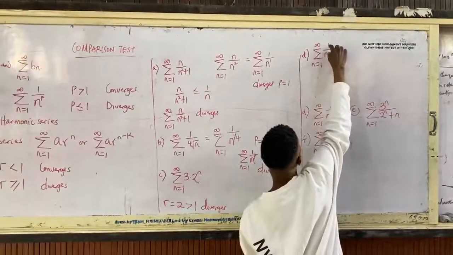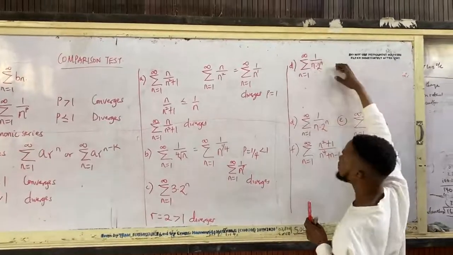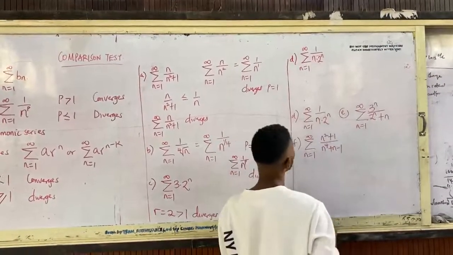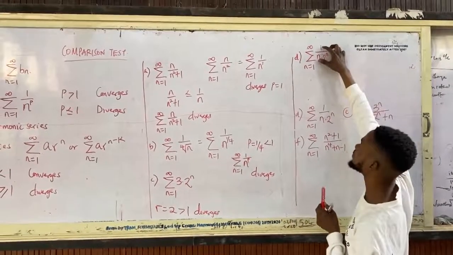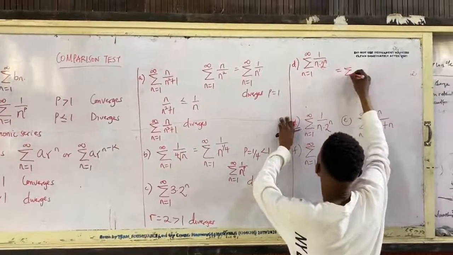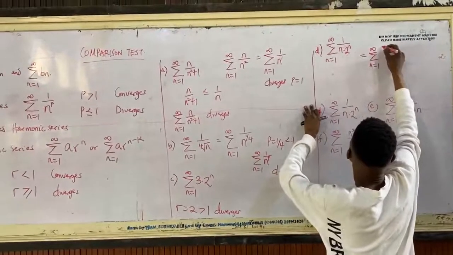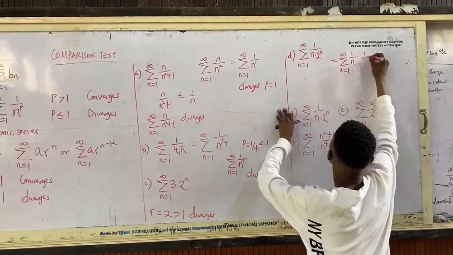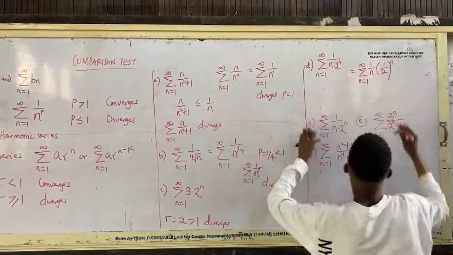Here we have a p series, and here we have a geometric series. If we have a p series and a geometric series together, it's better for us to compare it with a geometric series, not a p series. Now, this is the same thing as 1 over n dot 1 over 2 raised to power n.